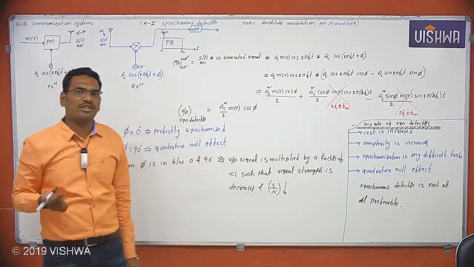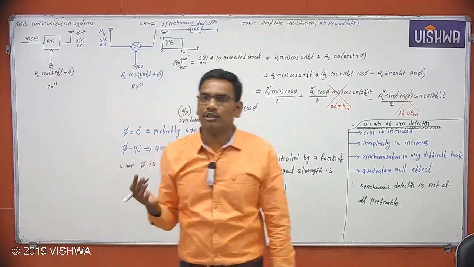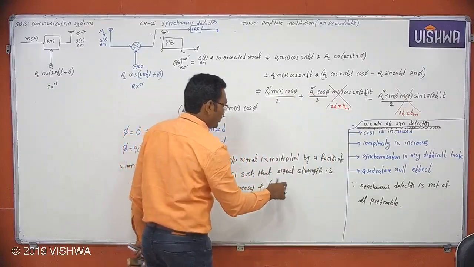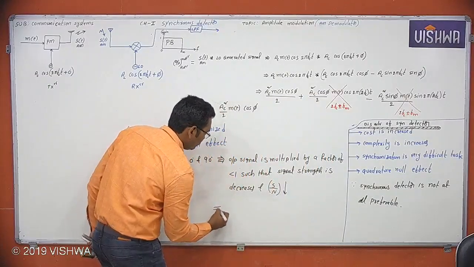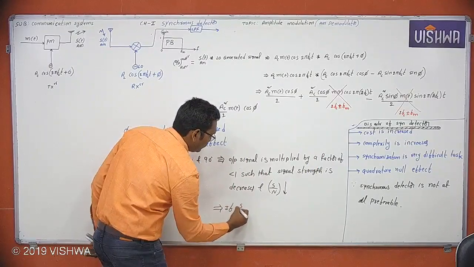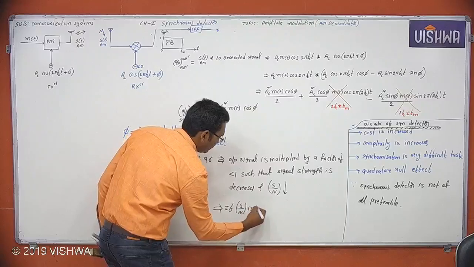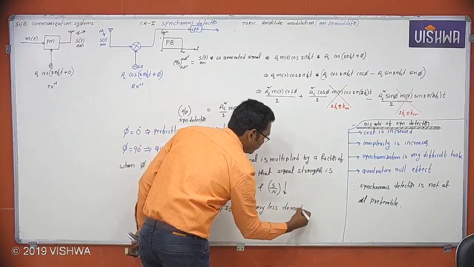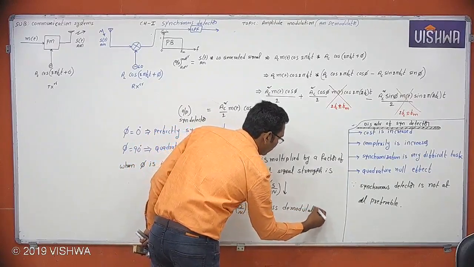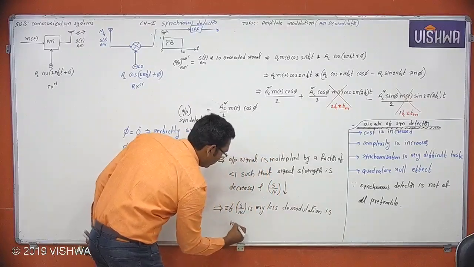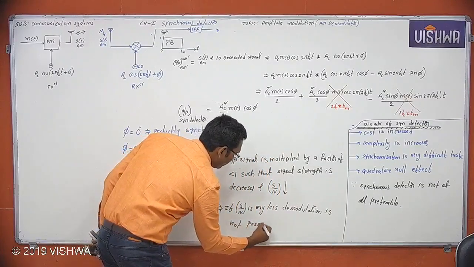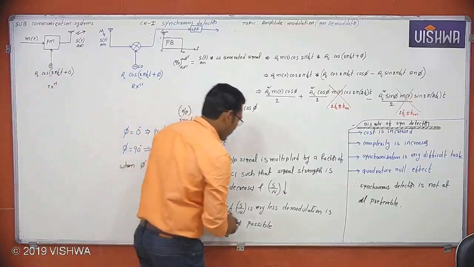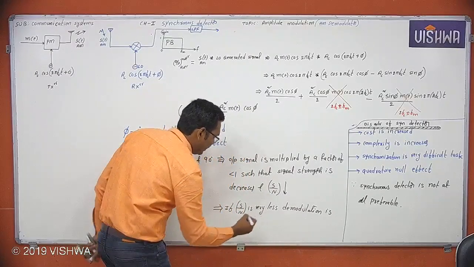When the signal to noise ratio is very low at the receiver side, demodulation is not possible. First of all, demodulation by any method becomes secondary. Demodulation itself is not possible if the signal strength is very, very low and noise is dominating.